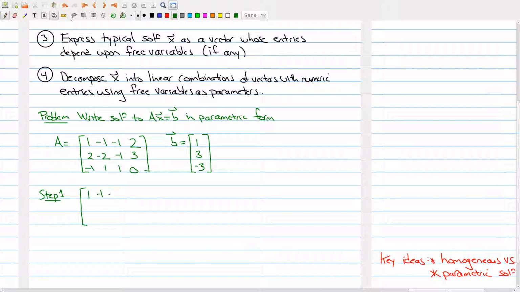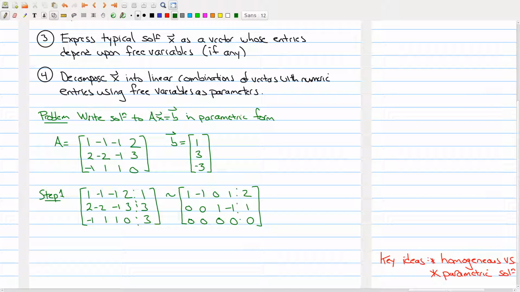So here's my augmented matrix. If you do all the work, you can put it into the reduced row echelon form as follows: 1, -1, 0, 1, 2, 0, 0, 1, -1, 1, and then 0, 0, 0, 0, 0.